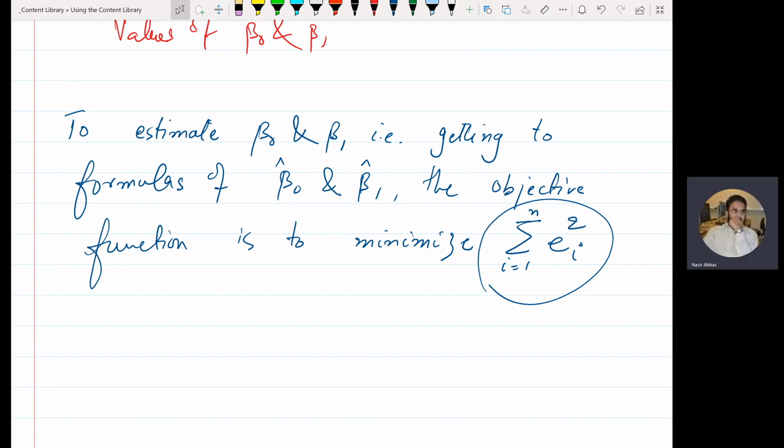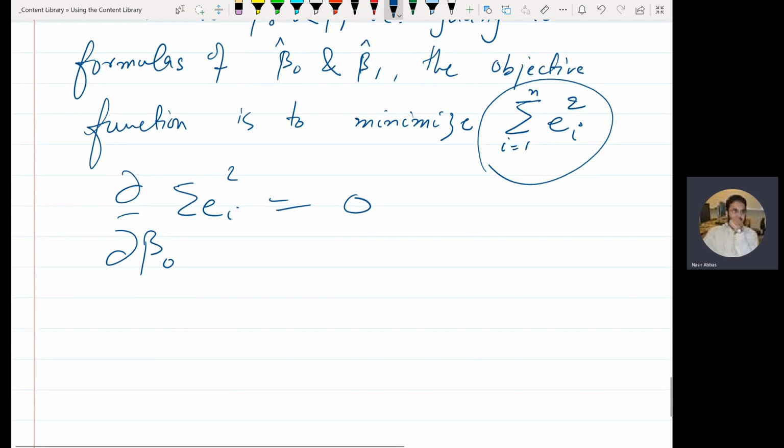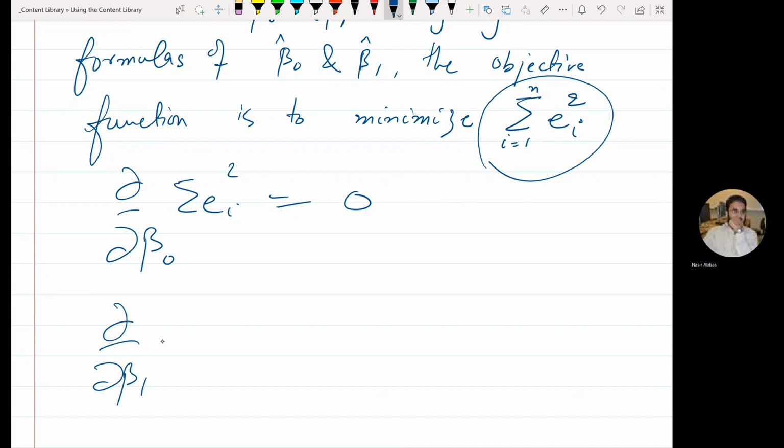Let us stop here at the objective function. What we will do on Sunday is we will solve this equation and we will solve this equation, two equations.